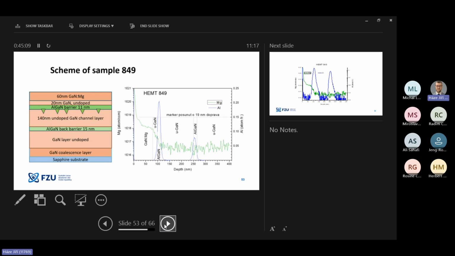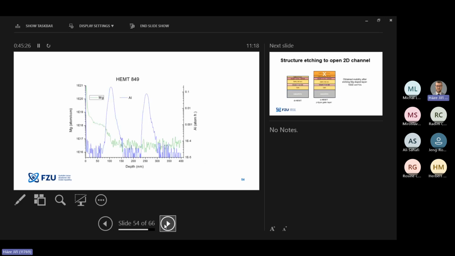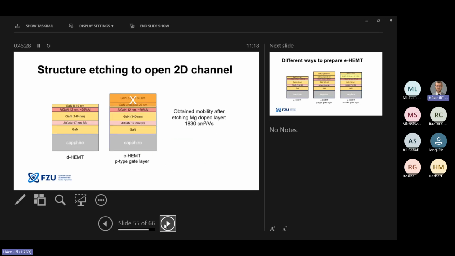And we have proved it also by etching down the top layers, getting rid of the effect of magnesium, and opening the channel again. After the etching, the mobility was really very high, so magnesium was really not present in the channel layer.